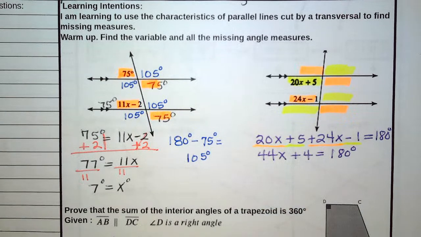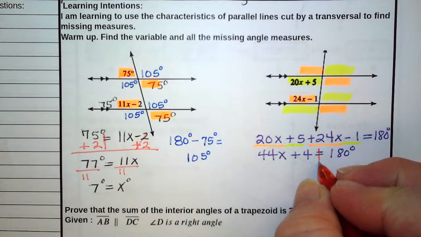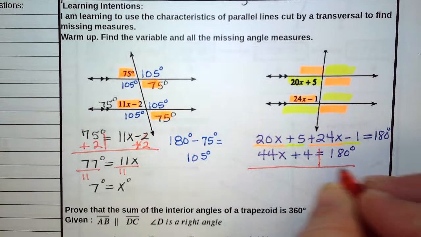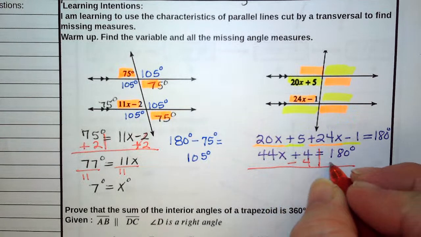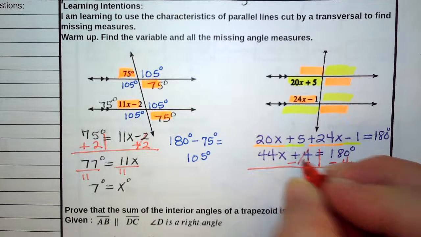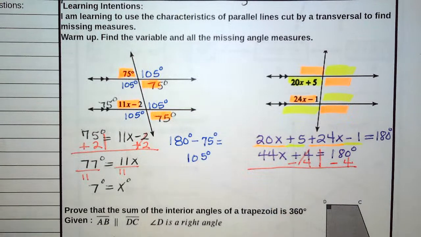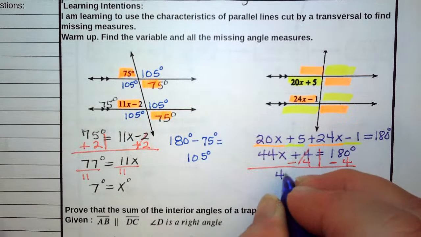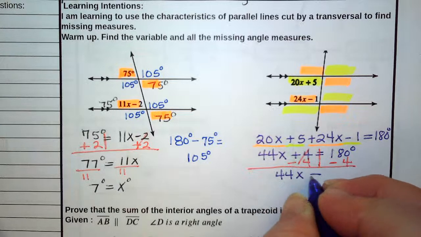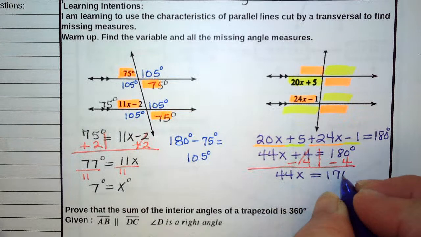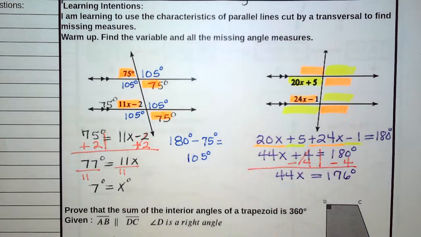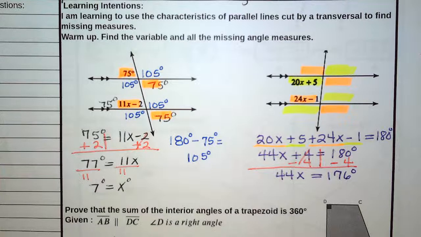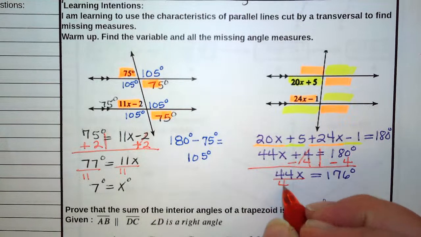Solve. Subtract 4 from both sides. 44x is equal to 176 degrees. Divide by 44 on both sides.